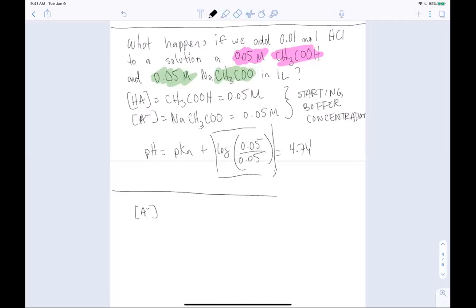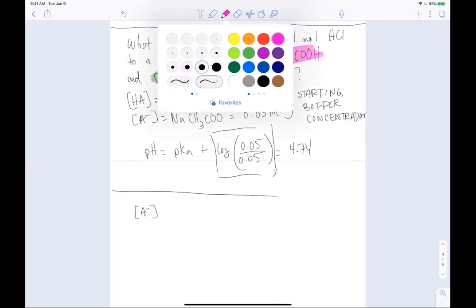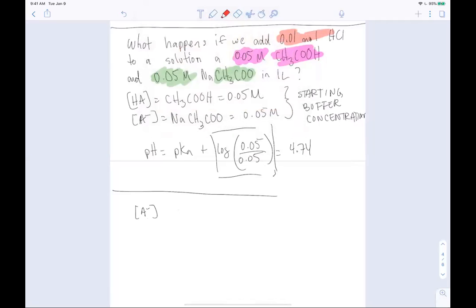The reason I know to take the base is because I'm adding an acid, and naturally the acid is going to react with the base. So I take A minus, I've got 0.05 molar of that, and I subtract out the 0.01 molar HCl, which gives me 0.04 molar A minus.